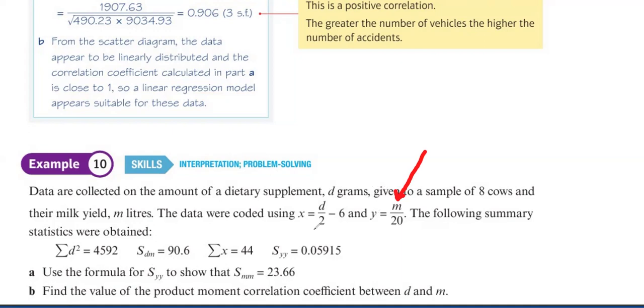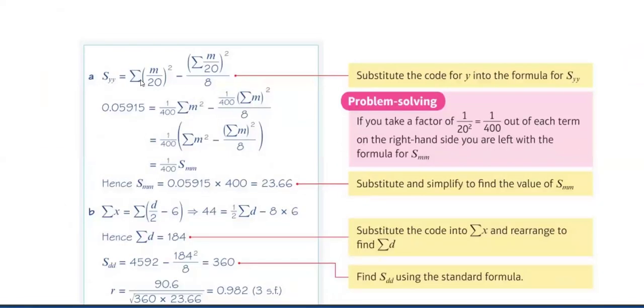Also, sigma x is given. Using that one, you can find sigma y also, like that. You have to find other details using the given details. Then you can do like this.